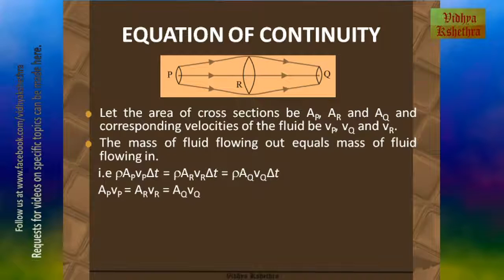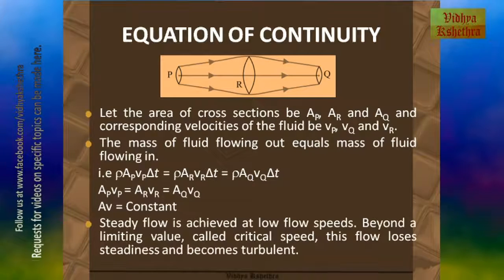Hence, AP VP is equal to AR VR is equal to AQ VQ. Or we can say that AV is equal to constant, or the product of area of cross section and velocity of flow is a constant. Steady flow is achieved at low flow speeds. Beyond a limiting value called critical speed, this flow loses steadiness and becomes turbulent.